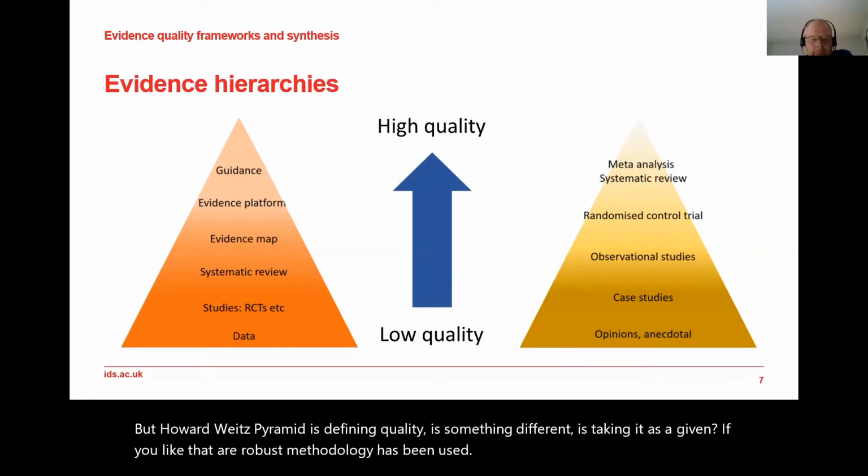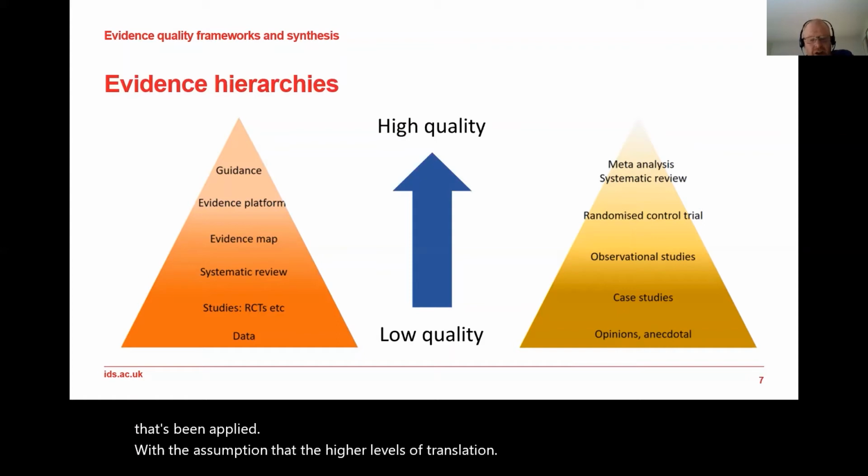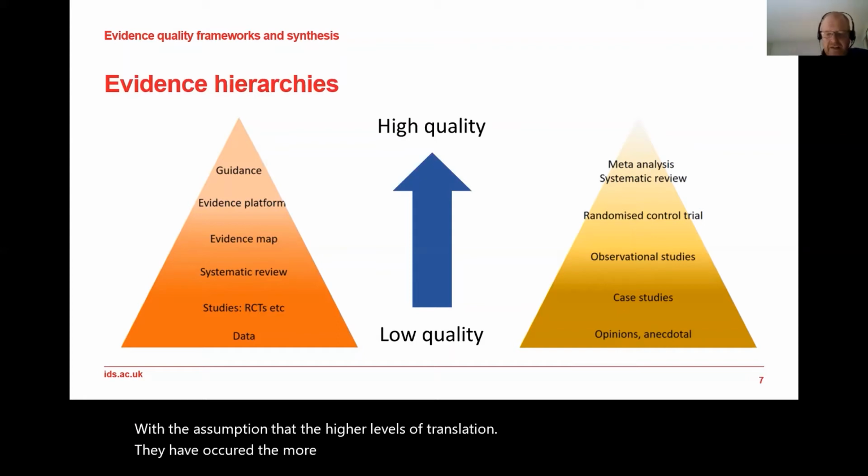And it's presenting the hierarchy in terms of the level of curation or translation that's been applied, with the assumption that the higher the levels of translation that have occurred, the more useful the presentation of the evidence is to the decision maker. So this is a useful concept for us.